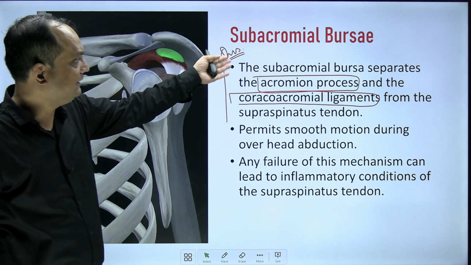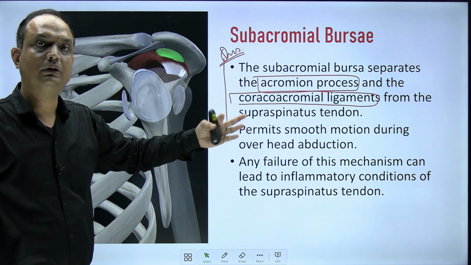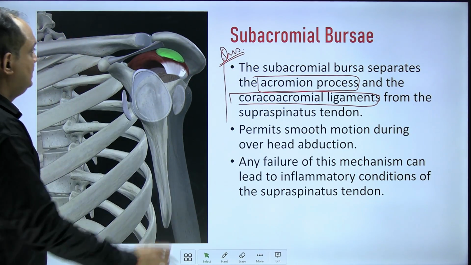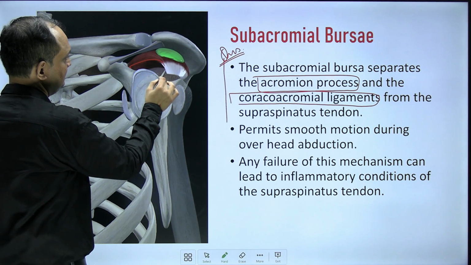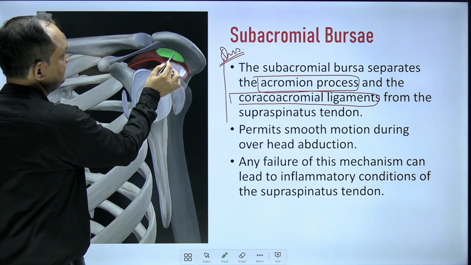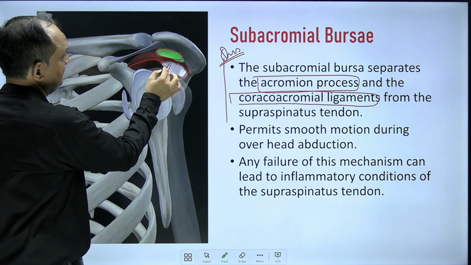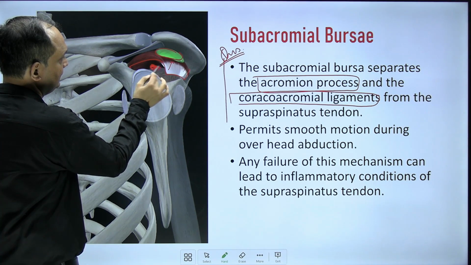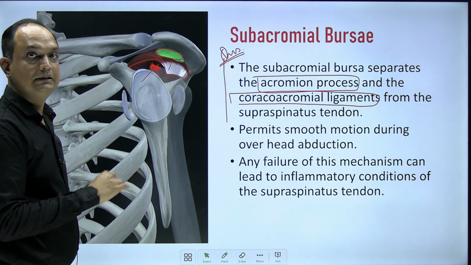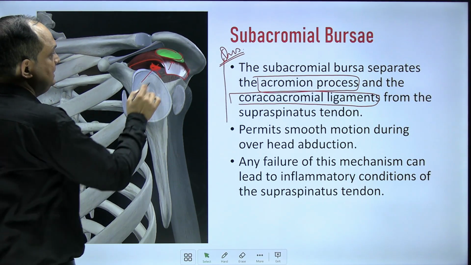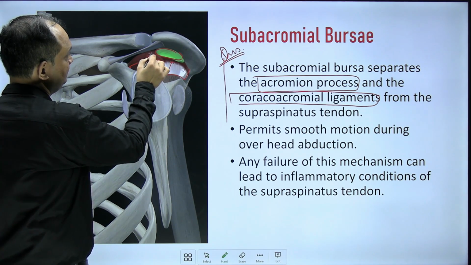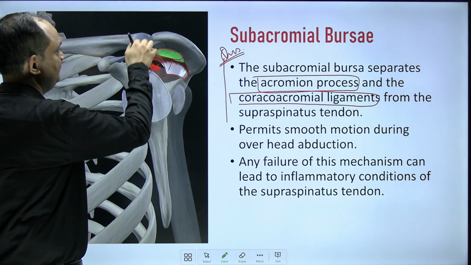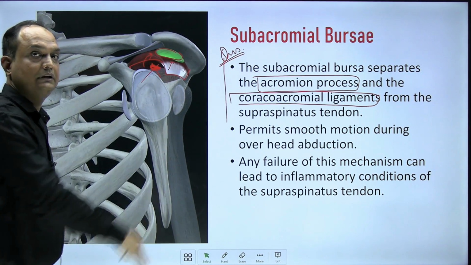It is below the acromion process but above the supraspinatus. See, this is the supraspinatus muscle and this bursa is above the supraspinatus. It is not below, it is not here. Please keep in mind that the subacromial bursa lies above the supraspinatus, because the supraspinatus is also related to the superior aspect of the shoulder joint.